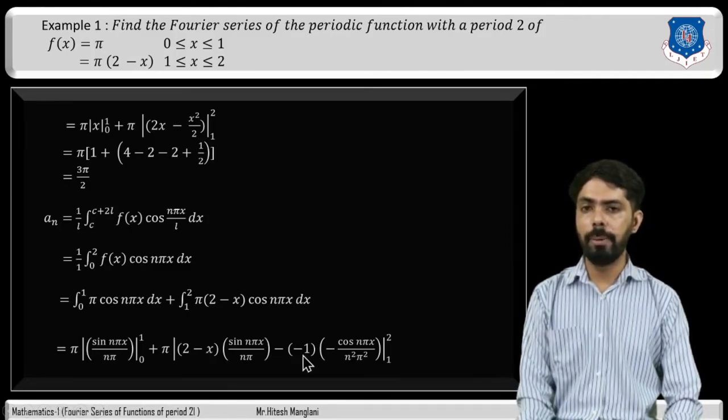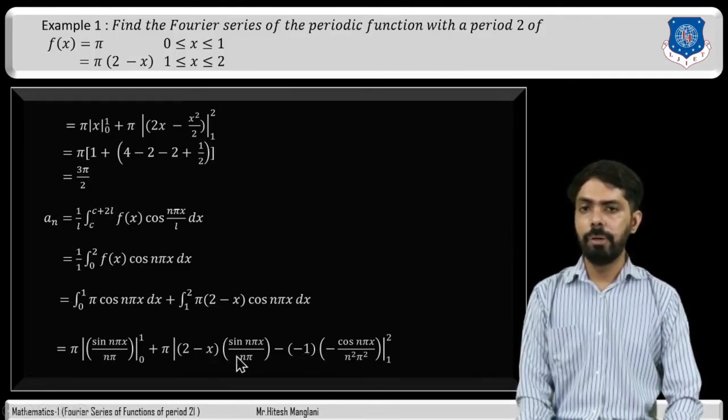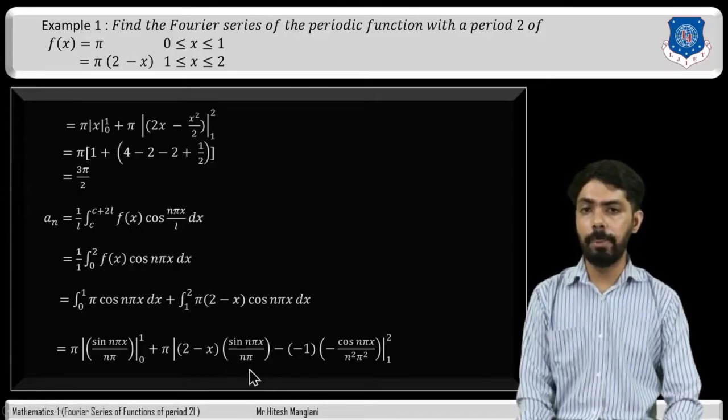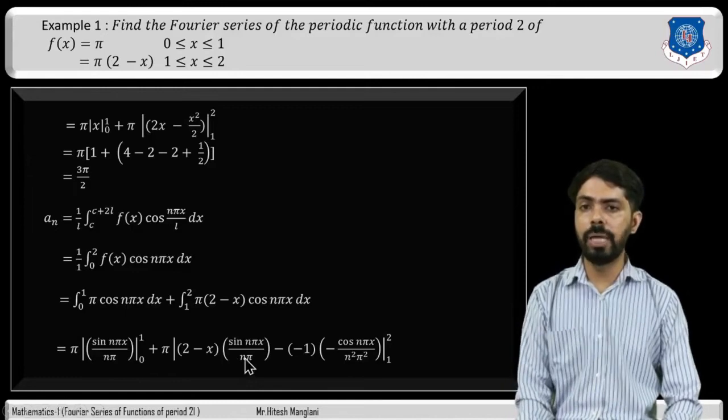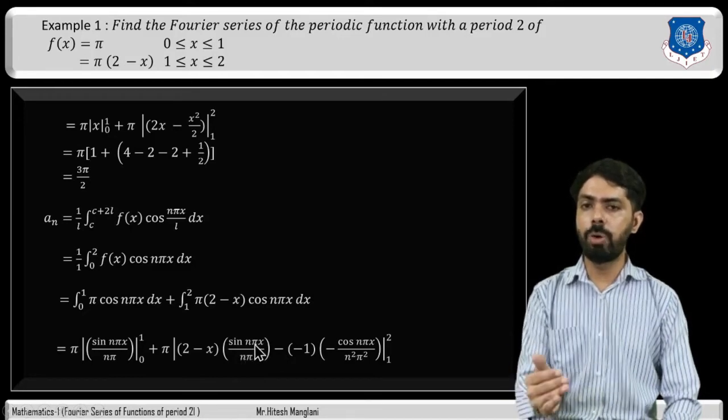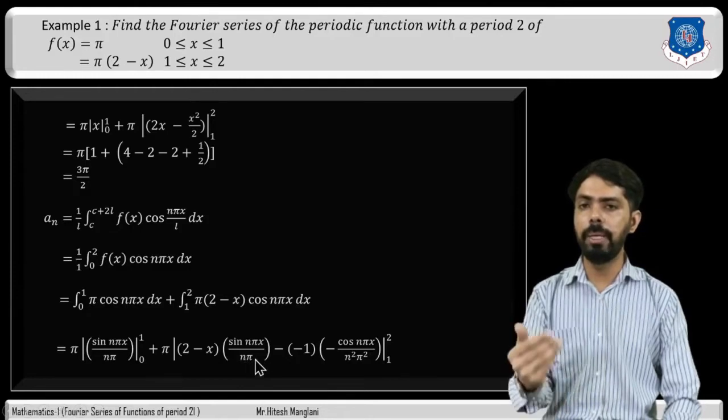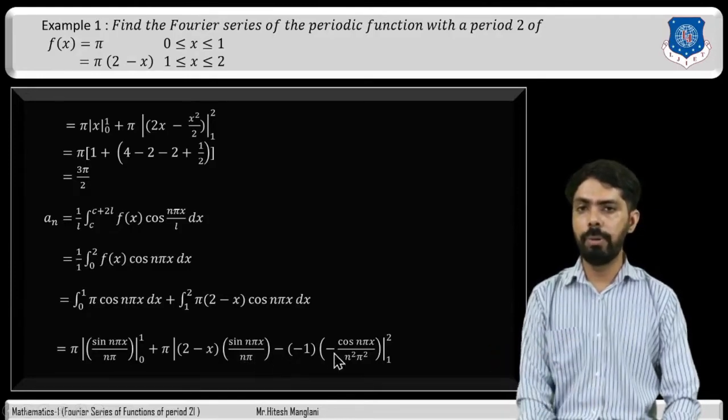So here it will be minus 1. Then we will take integration of sin n pi x divided by n pi. Now integration of sin theta is minus cos theta. Therefore integration of sin n pi x will be minus cos n pi x divided by n pi, and n pi into n pi will be n square pi square.